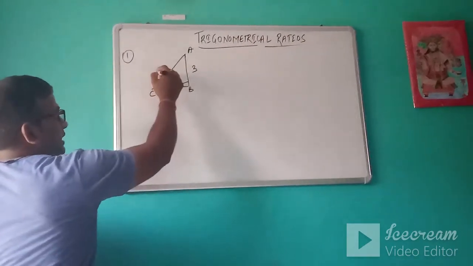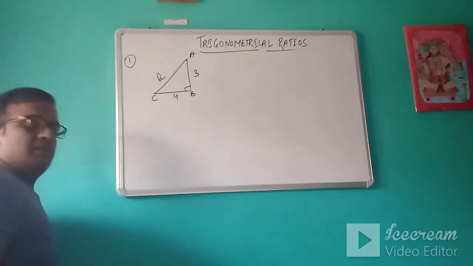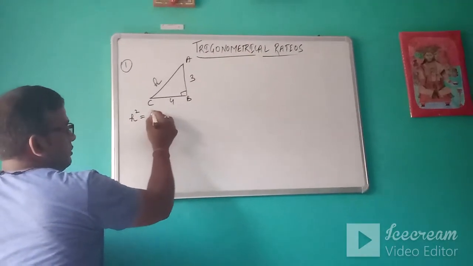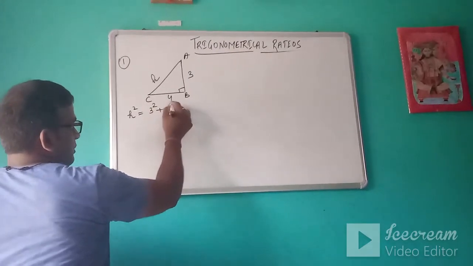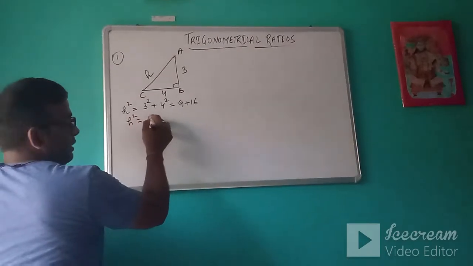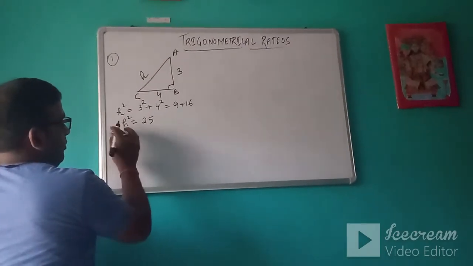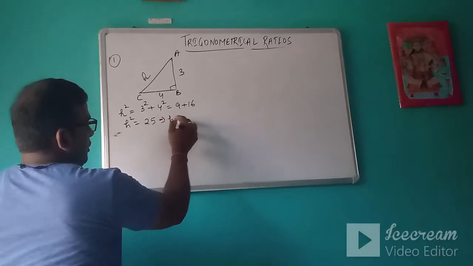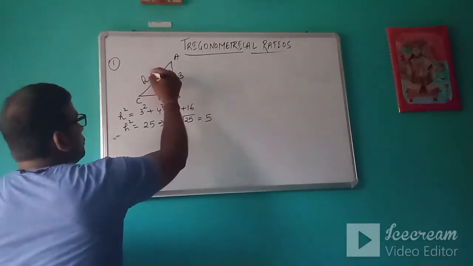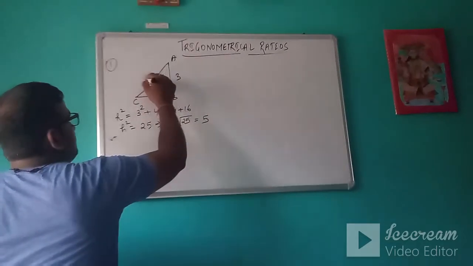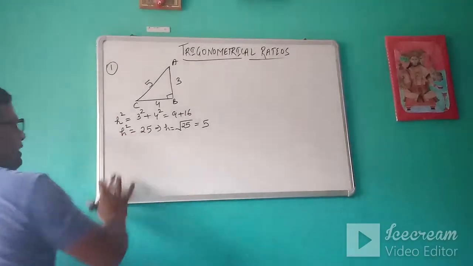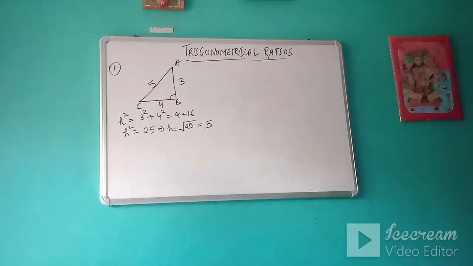So we will find AC, which is the hypotenuse. We will use the Pythagoras theorem: h square is equal to 3 square plus 4 square, that is 9 plus 16, so h square will be 25. So what will your h be? Your h will be square root of 25, and we will take only the positive value. So this is equal to 5. Whenever you are solving figure questions, always remember to find the side which is not given.